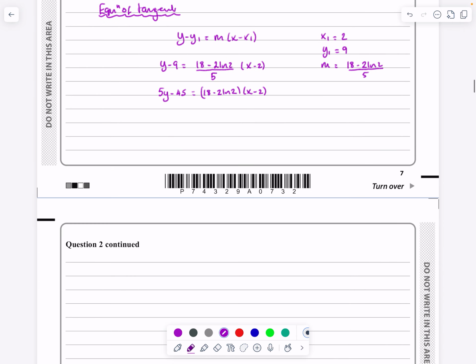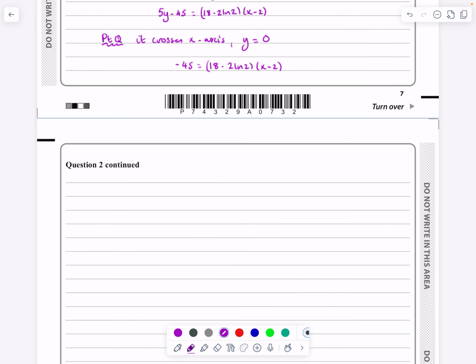Now, before I start multiplying it all out and tidying it up, remember the point Q is where it crosses the x-axis, and so y is going to be equal to 0. So if y is equal to 0, I'm going to get minus 45 is equal to 18 minus 2 log 2, times x minus 2, and I can now just rearrange all that to try and get the x.